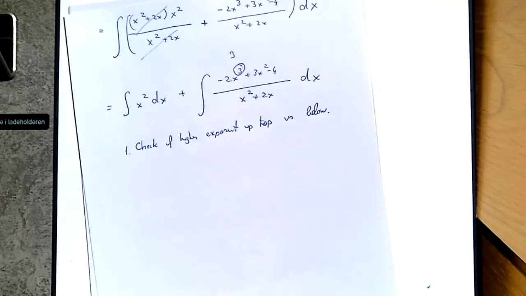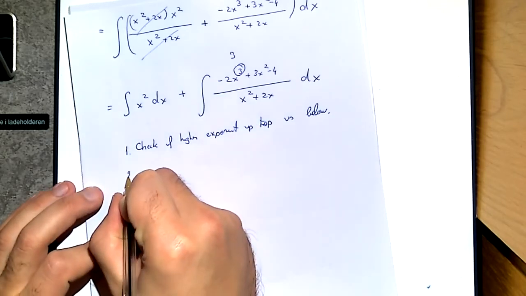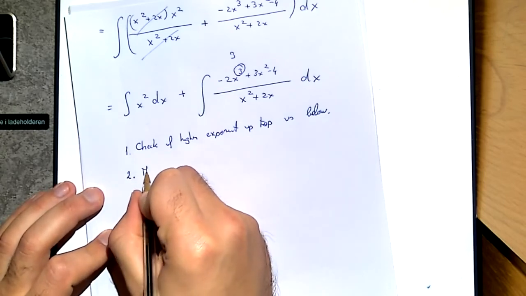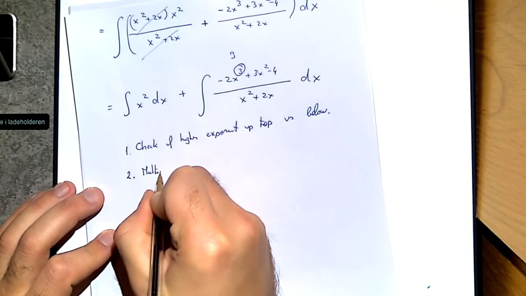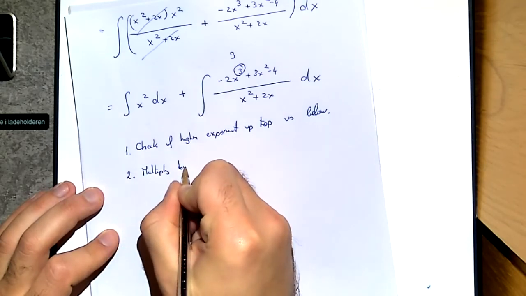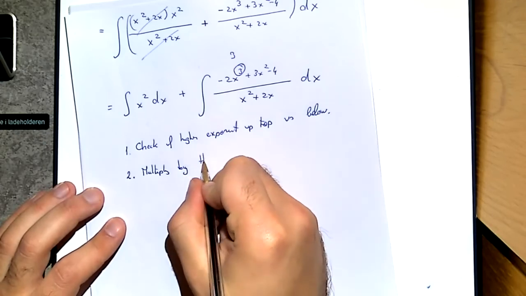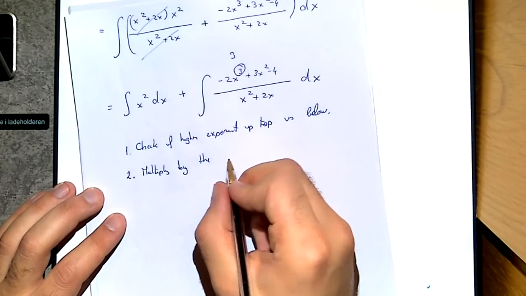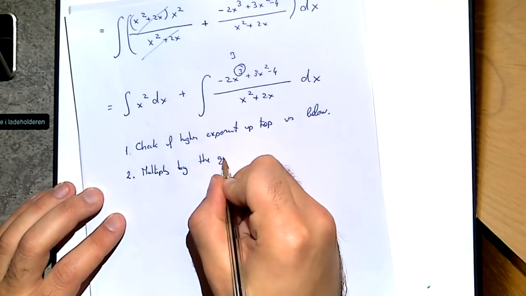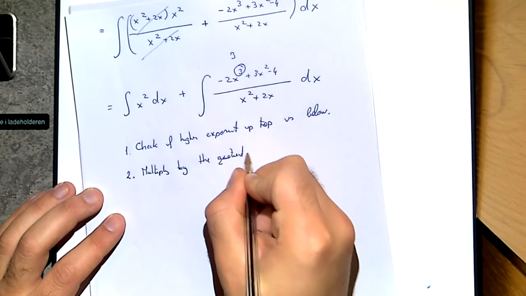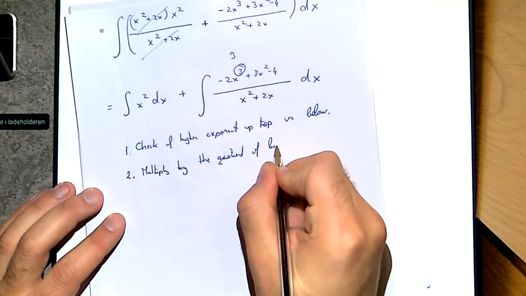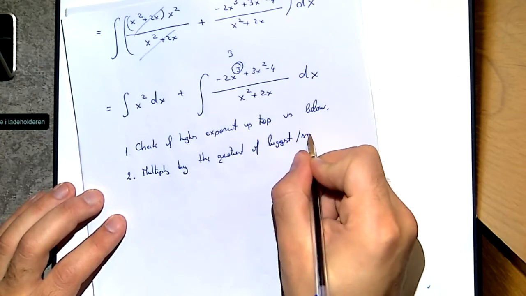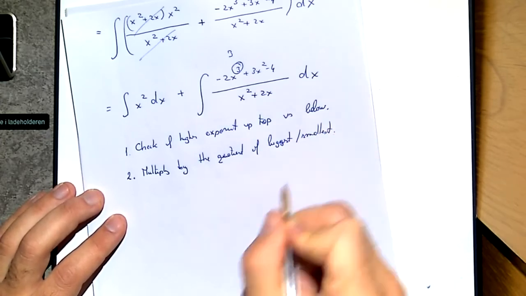Okay, now multiply by the quotient of biggest over smallest. Okay, what do I mean by this?